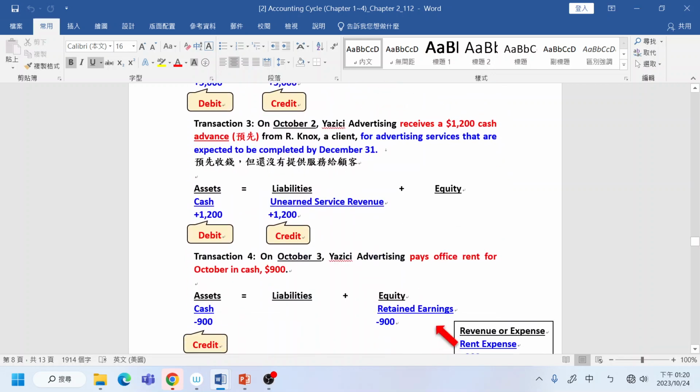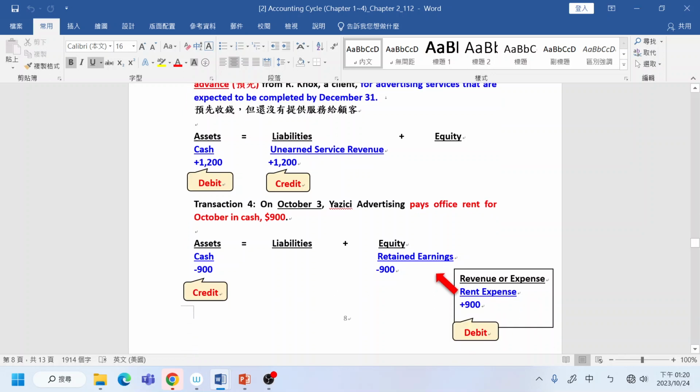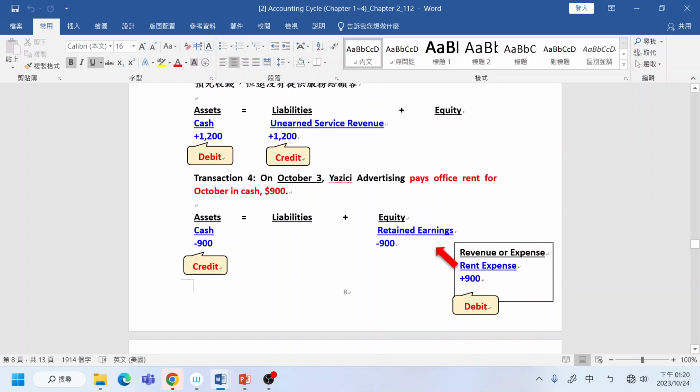Transaction 3, cash asset increase on debit, right? Liability service revenue increase on credit, right? Transaction 4, what's that? Cash decrease on credit, okay? Expenses, rent expenses increase on debit.